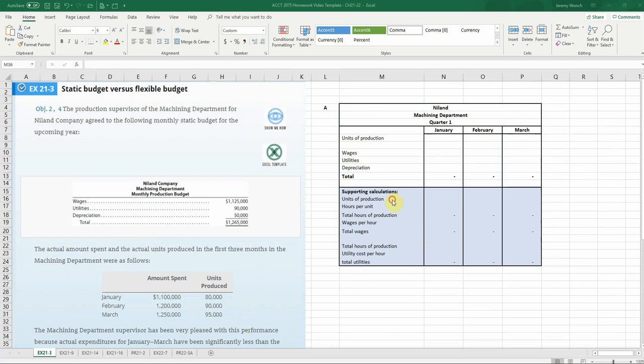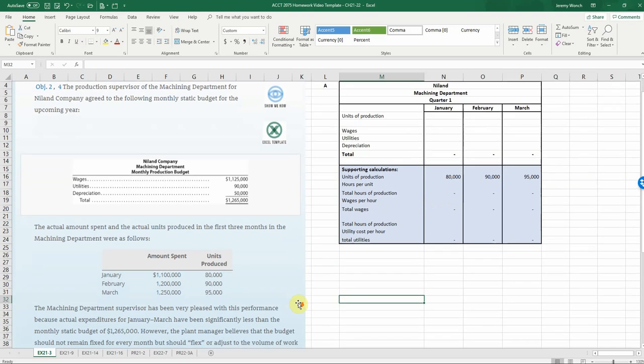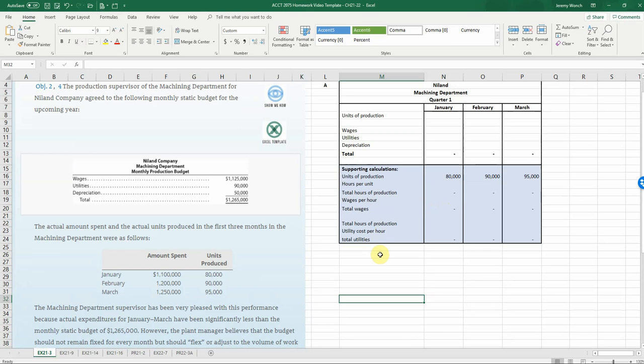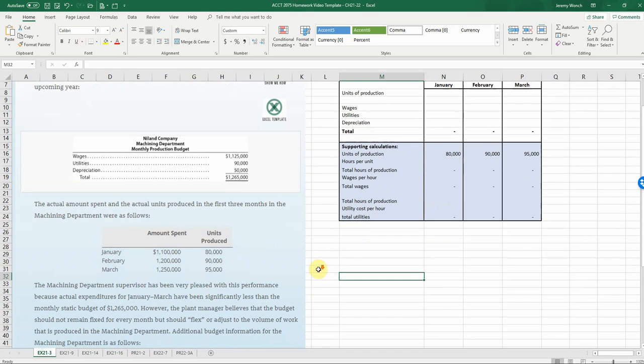So let's plug in our actual units produced for January, February, and March. So we had 80,000, 90,000, and 95,000. And then the rest of the information we're going to plug in is going to be budgeted information.